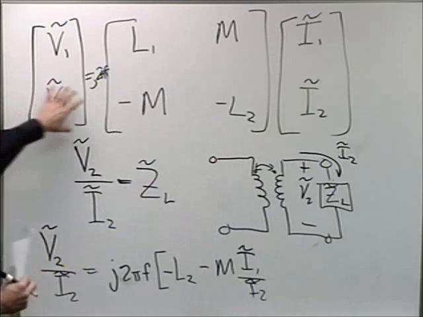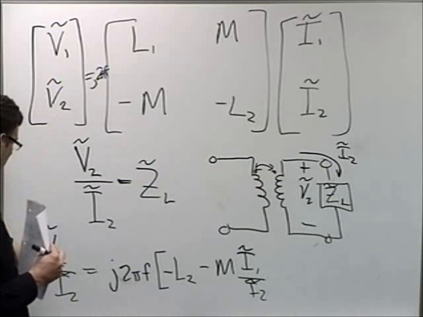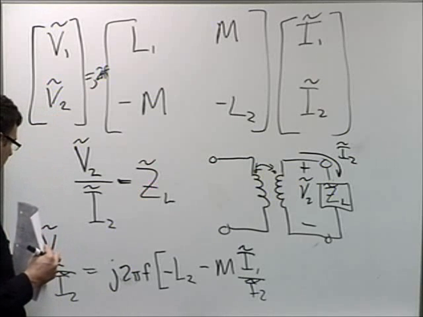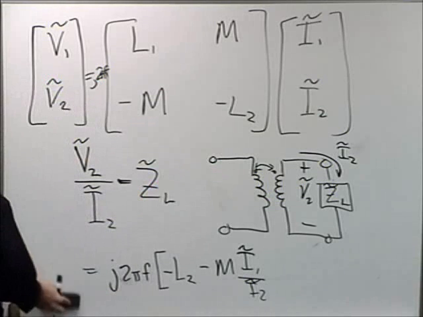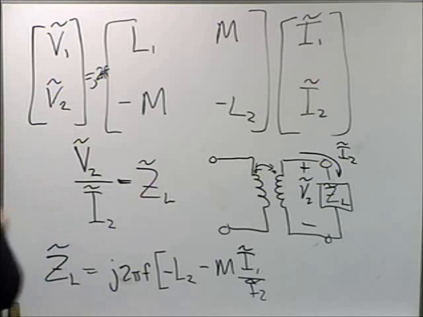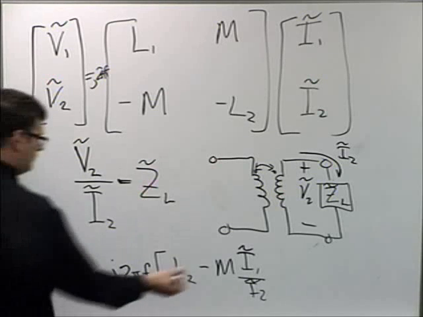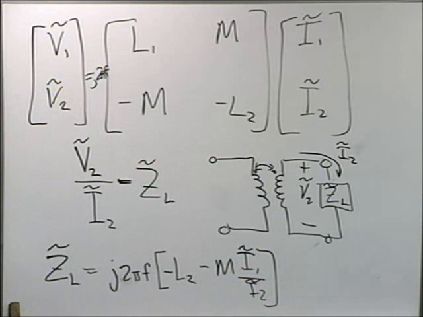So all I did was divide that second equation by I2 to get the ratio of V2 to I2. And by definition, this ratio must be equal to whatever device's impedance that I connected to it. Close bracket. That makes sense, right? Everybody following so far?